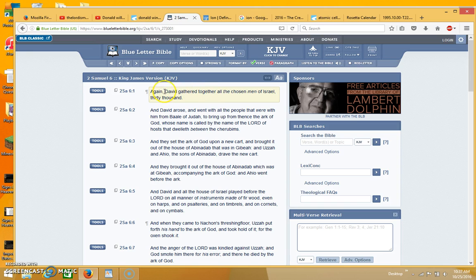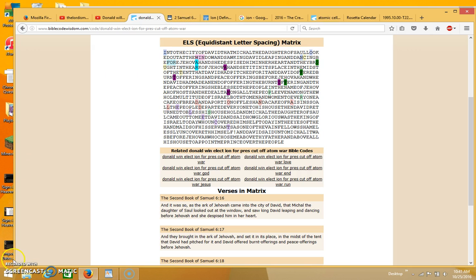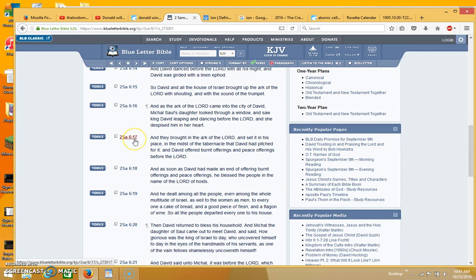So it seemed to have connotations of the rapture because it talked about gathering together, and then it was talking about how David pitched a tent or a tabernacle. And you see that mentioned here in verse 17.